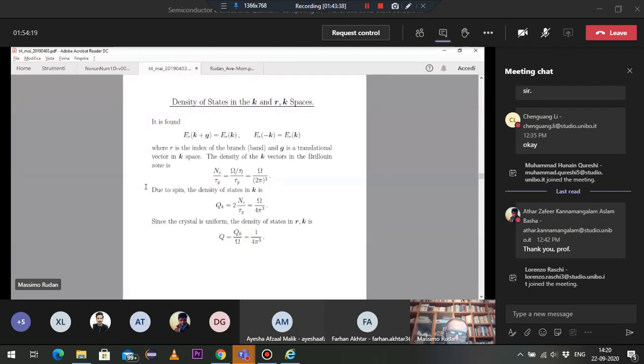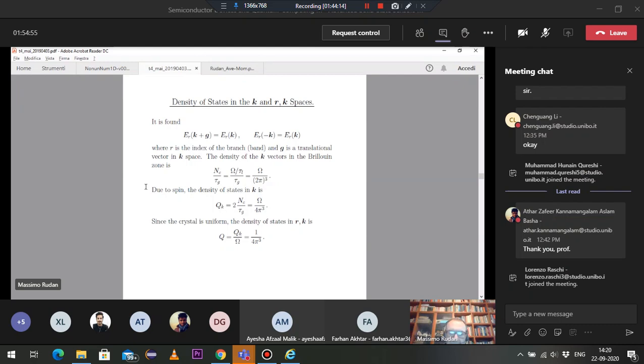Now we have to introduce a quantum property that probably is already known to you. It is called the spin of the electron. Electrons have a quantum property that is called spin, such that when an electron has an energy, actually there correspond two possible quantum states to this energy, and the two quantum states differ by the spin. One of them is spin up and the other one is spin down.